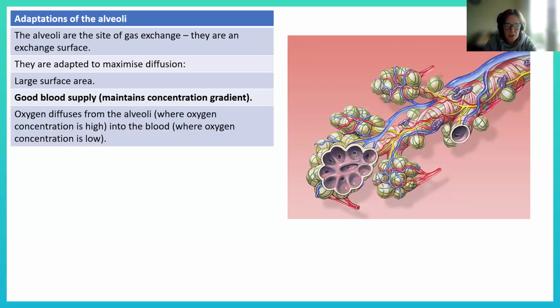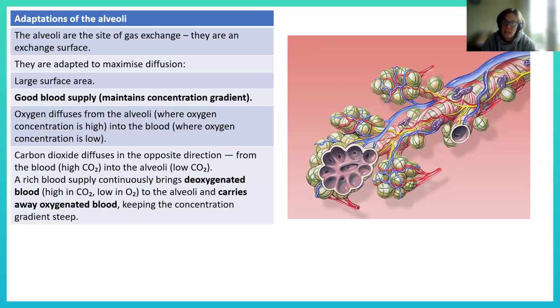So the oxygen is diffusing from the alveoli, the inhaled air where the concentration is high, into the blood where the concentration is constantly maintained at a lower level. Carbon dioxide is going in the opposite direction because we're trying to get rid of that. We need to breathe it out. So it's going from the blood where it is in high concentration to the alveoli where it's in low concentration. So we still have this high to low concentration movement that we expect with diffusion.